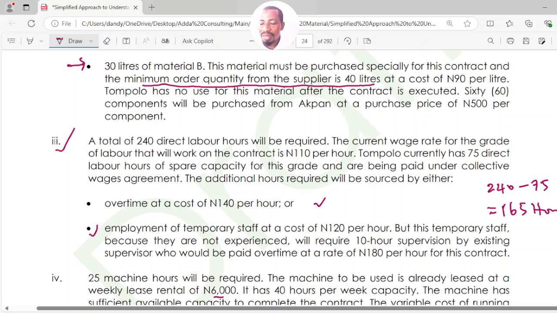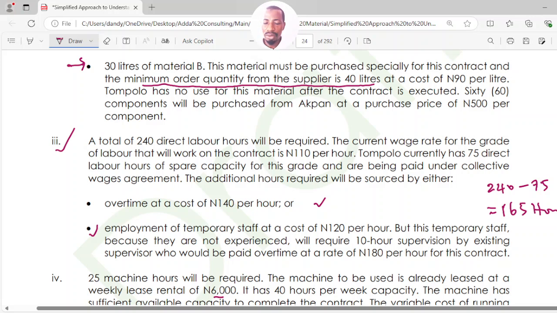Tompolo currently has 75 direct labor hours of spare capacity for this grade. It means that out of the 240, you only need 165 hours because the 75 is idle time. So you don't pay the direct labor cost where there is spare capacity or idle capacity; it is equal to 0. So the cost of these 75 hours of idle time is irrelevant. So we only consider 165 hours.